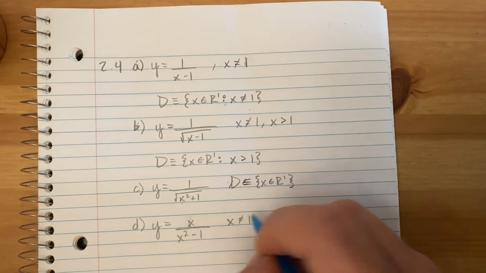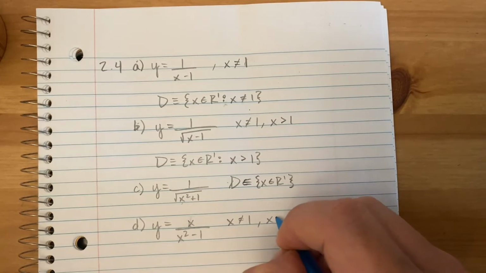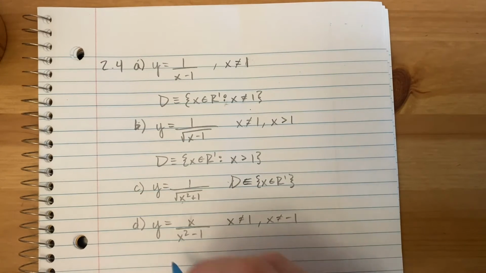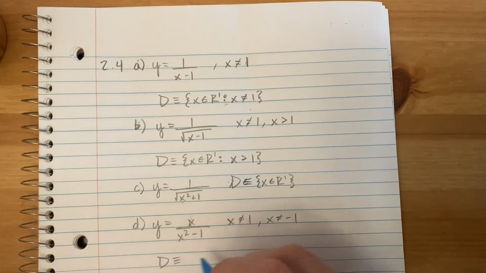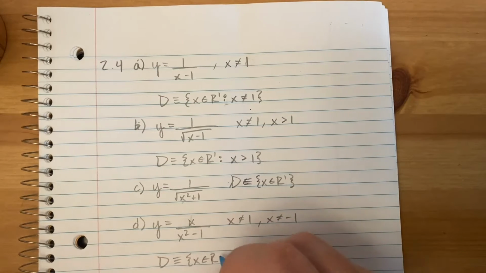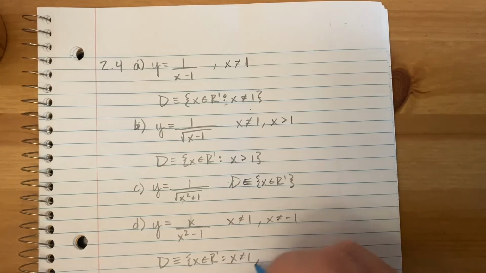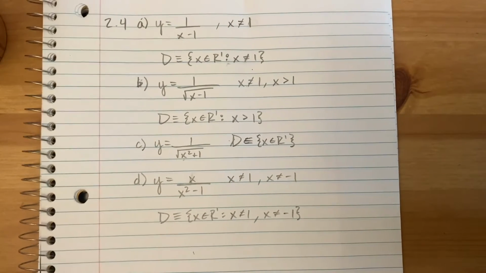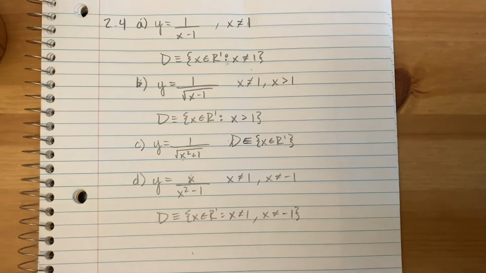X cannot equal 1, and it can also not equal -1. So the domain is all x's that are elements of the set of real numbers such that x does not equal 1 and x does not equal -1. Okay, that's the only restrictions on that equation there.